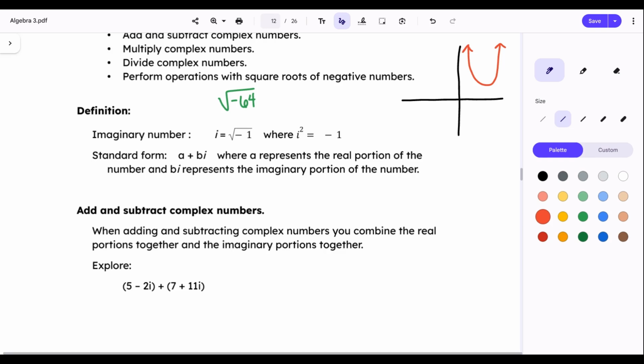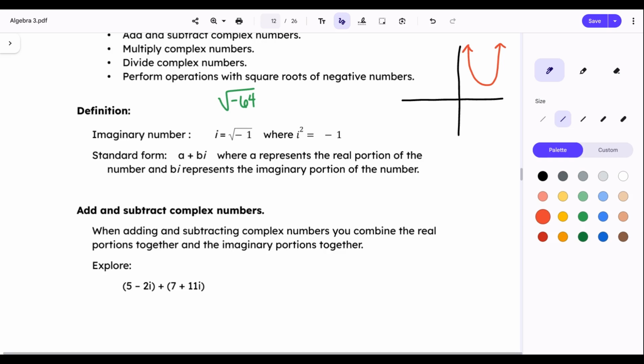And so that's where this piece that we're going to talk about today comes into place. The imaginary number represents solutions that we wouldn't be able to operate with in the real number sense. When we see a negative underneath the square root sign, you're going to have the i come out if you were trying to simplify the answer.